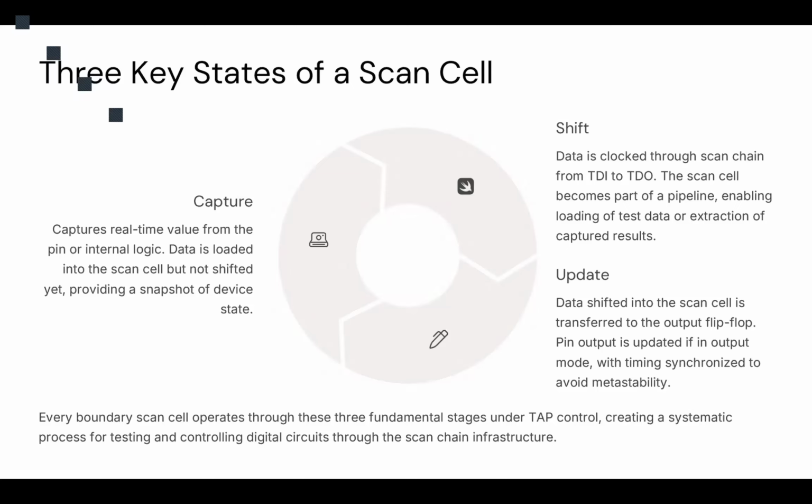If we go to the testing mode, the scan cells go to the shift state.